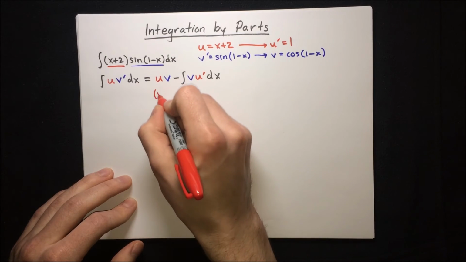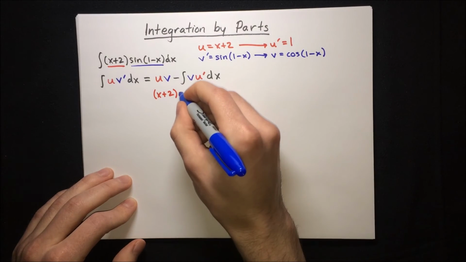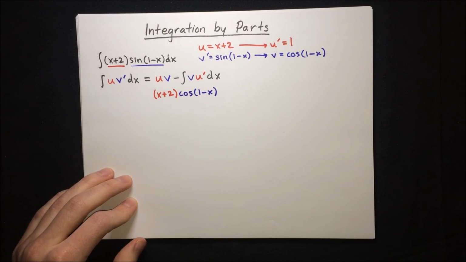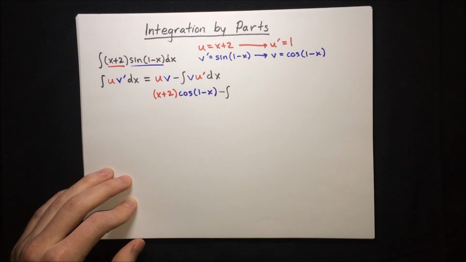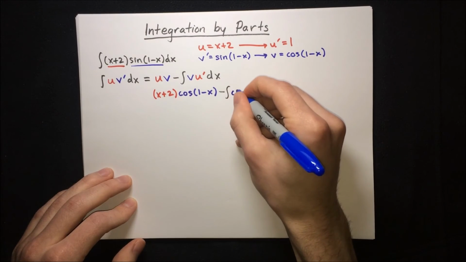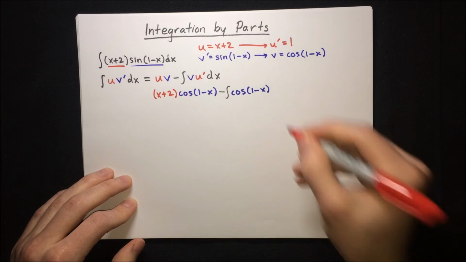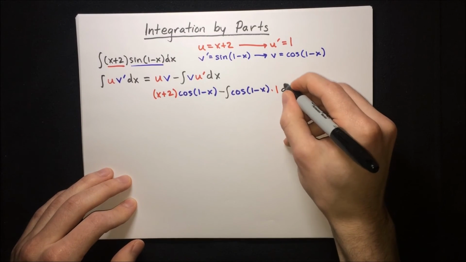U is x plus 2, and v is cos 1 minus x, and then minus the integral of v again, which is cos 1 minus x, times u prime, which is just 1, which will make this integral a lot easier to solve.